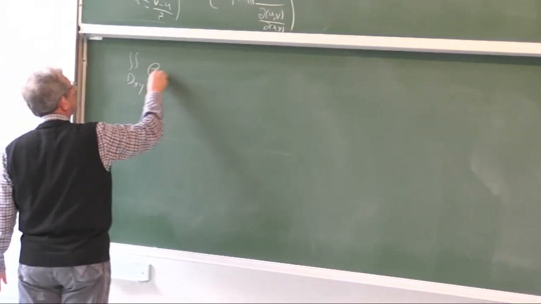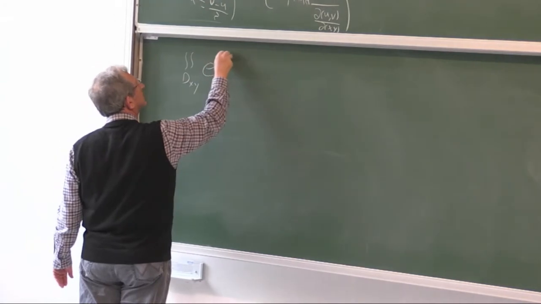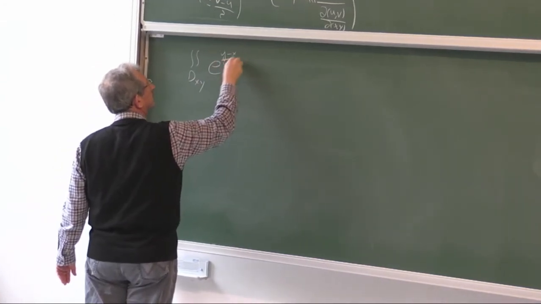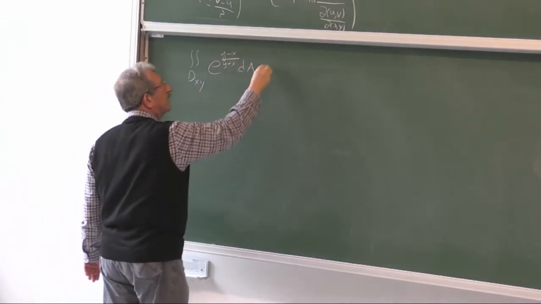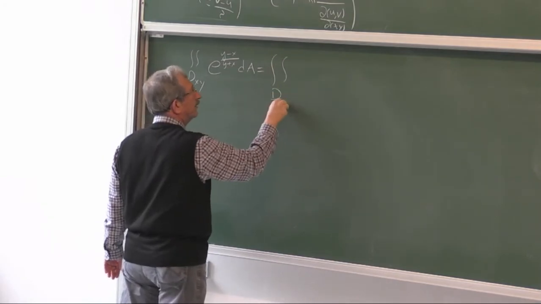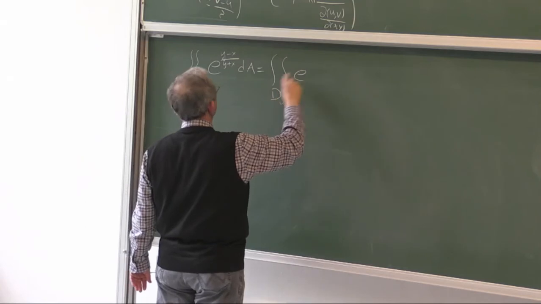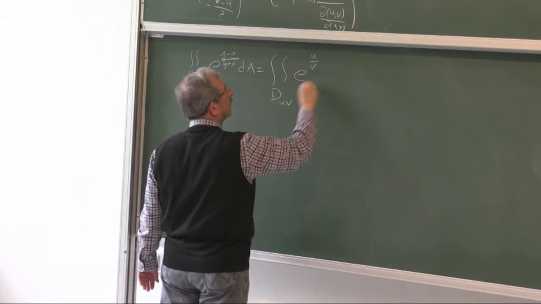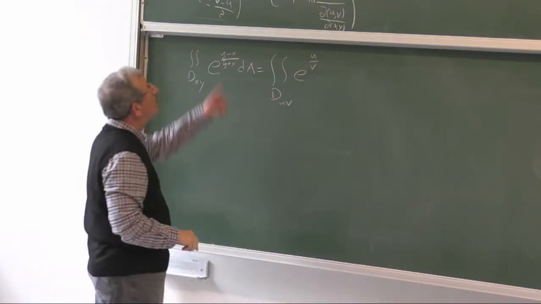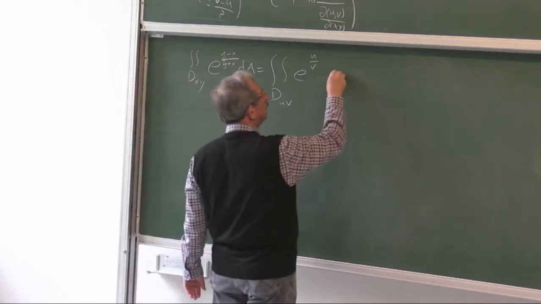The integral over dxy of e to the (y minus x)/(y plus x) dA becomes the integral over duv of e to the u over v, times the Jacobian determinant, which is minus 1 over 2.